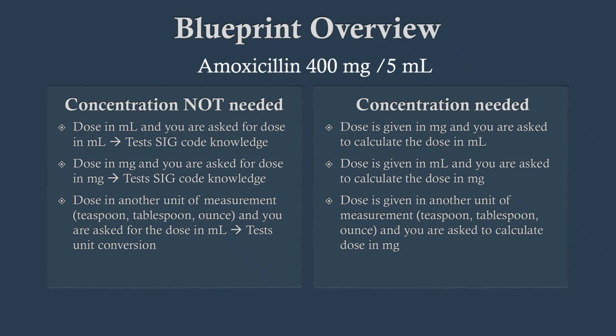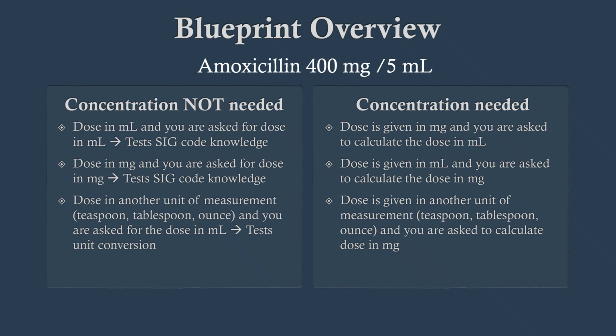First, I'm going to explain the concept, and then we're going to apply these concepts with real examples so you can actually see and understand what I'm saying. So let's go over it first. When is the concentration not needed? If the dose is given in ml and they're asking you to find the dose in ml, in this case, you don't need to use the concentration.